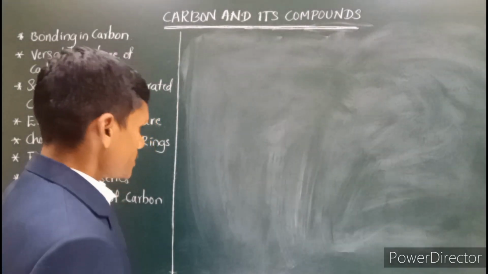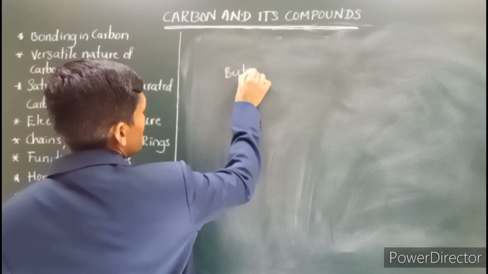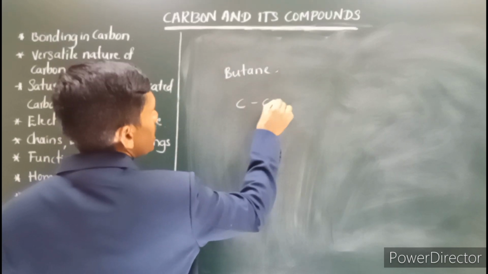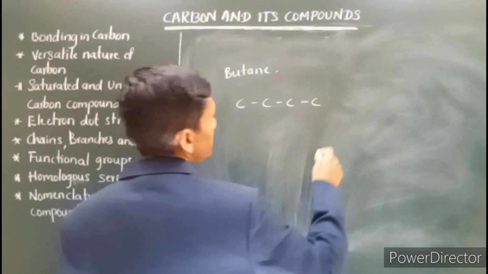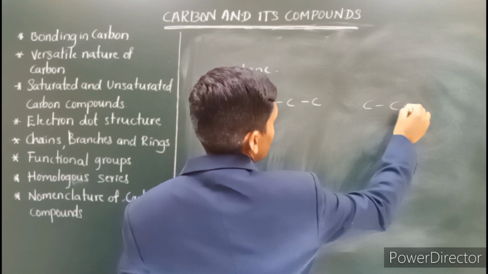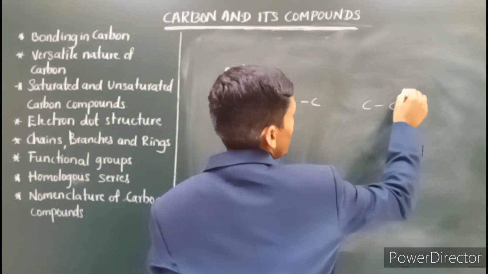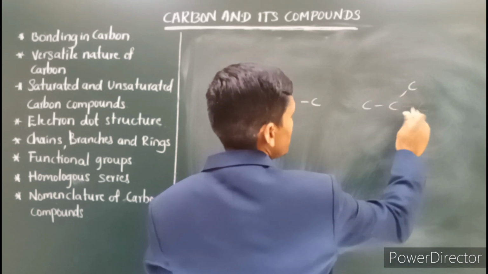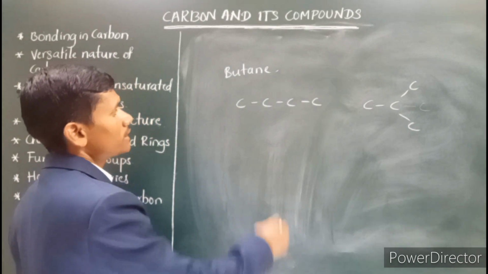Now the same butane you can write in 2 forms. This is a straight chain and one more, a branched chain, also we can write. C, and here one more C. You can take it like this also, right? This is a branched chain we can see.